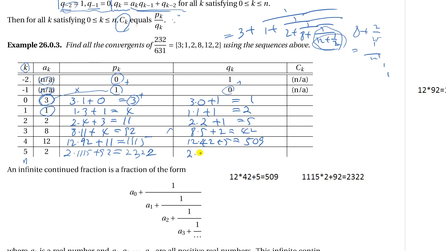And the last one is 2 times 509 plus 42. So 1018 plus 42, so 1060, right? Like that. So please let me know if I made any mistake here.